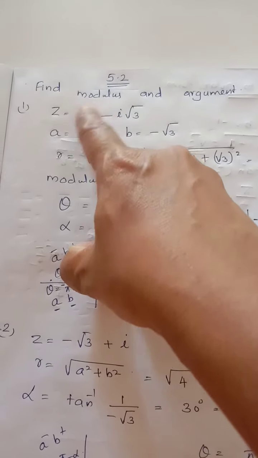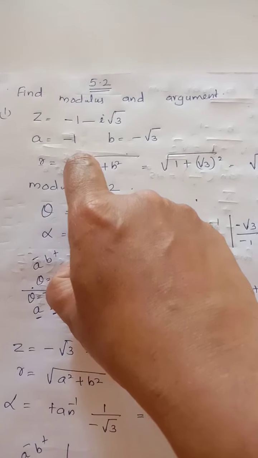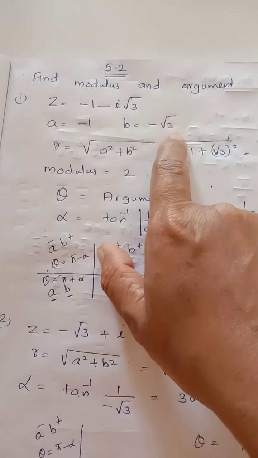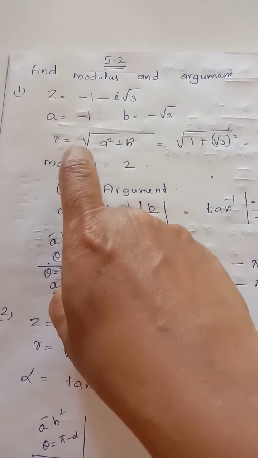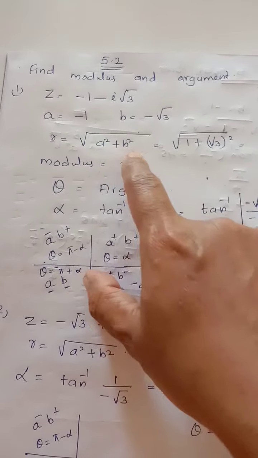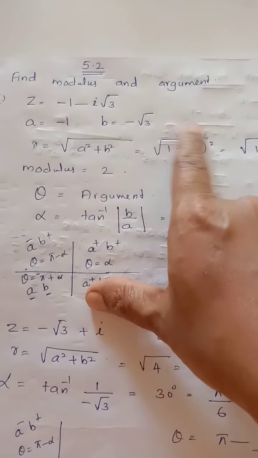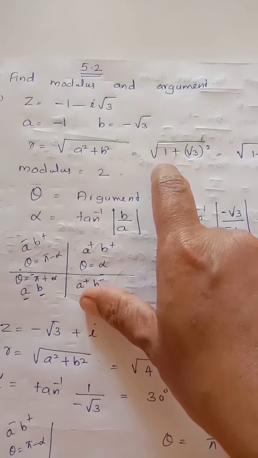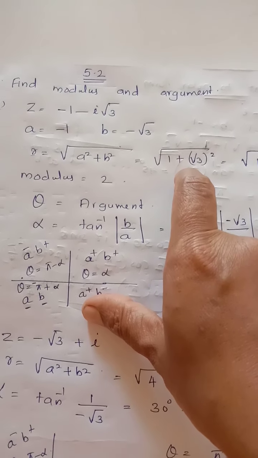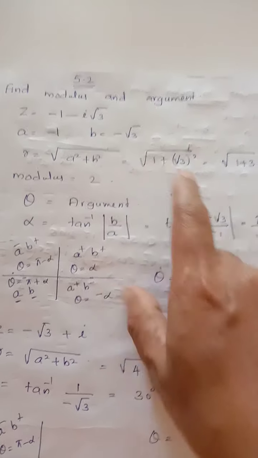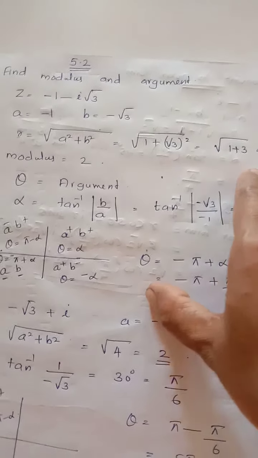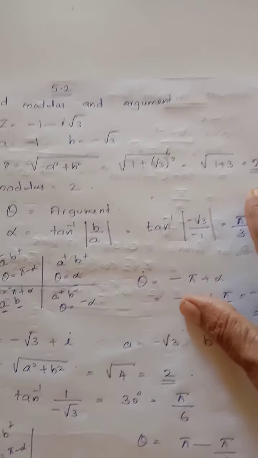This is in the form a plus ib, so a is minus 1, b is equal to minus root 3. We know r is equal to root of a square plus b square. Put the values: root of minus 1 the whole square, that is 1, plus root 3 the whole square, so 1 plus 3, root 4, that is equal to 2.